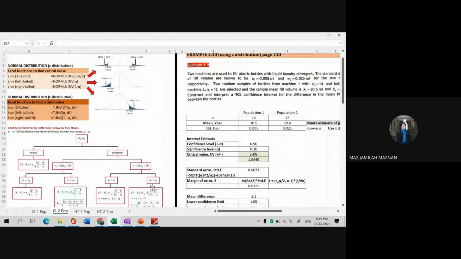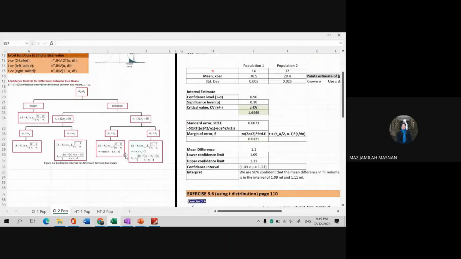But I would like to highlight for confidence interval for two populations, because we are dealing with two populations, the consideration will be based on the distribution of your sample 1 and sample 2. If your sigma 1 and sigma 2 are known, the value of your standard deviation for both populations is known, this will be the only formula that you will use.